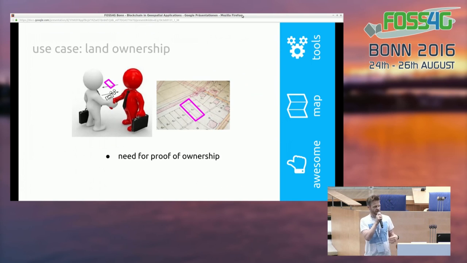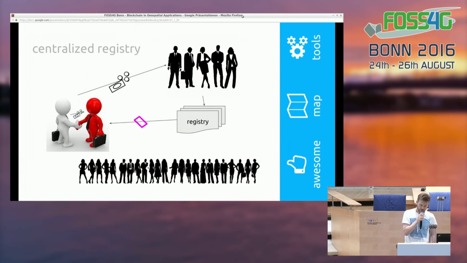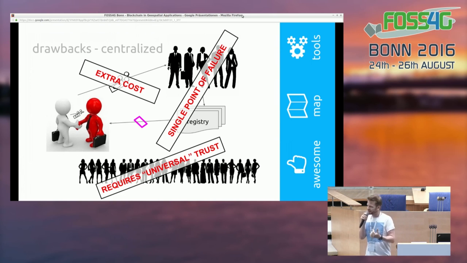Now, let's look at a use case. If I want to buy a piece of land, it's not just a matter between me and the person I'm buying it from. I also need to involve a bunch of people who are controlling the registry, where it says who owns which piece of land, and I have to give them some money. Now, that's an extra cost. It's a single point of failure, right? That registry or those people can be compromised one way or another.